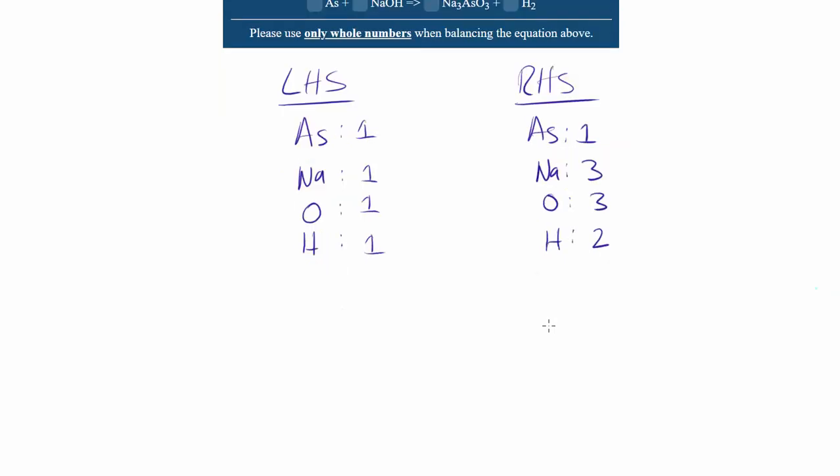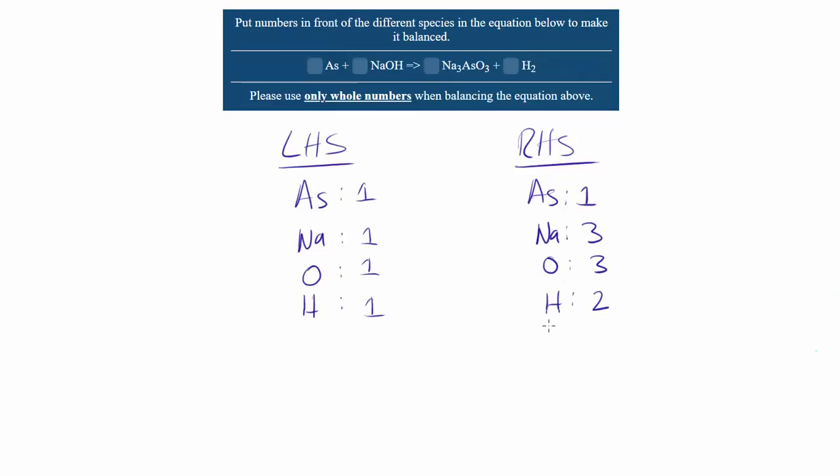So one of the things I'll look at first of all is the sodium. As you can see on the right hand side, we've got 3 times as much sodium as we have on the left hand side.